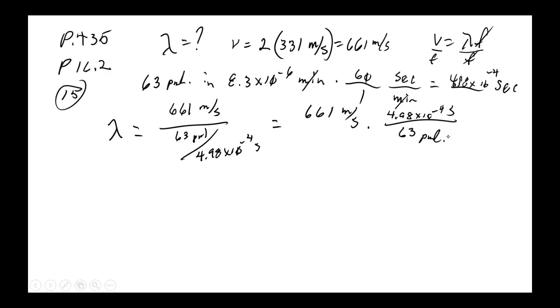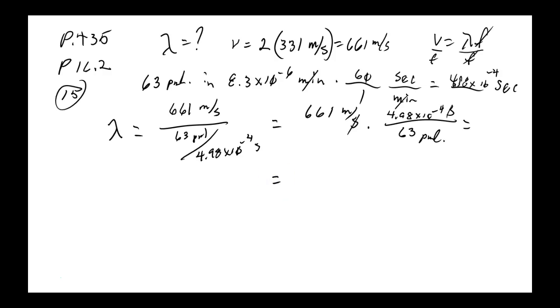That's not a unit down there, it's just what that represents. The seconds cancel out and you get meters per pulse, which is your wavelength, or at least that's what I hope it is.